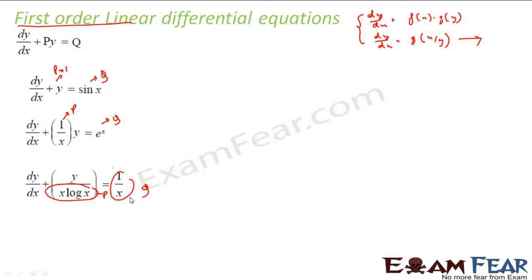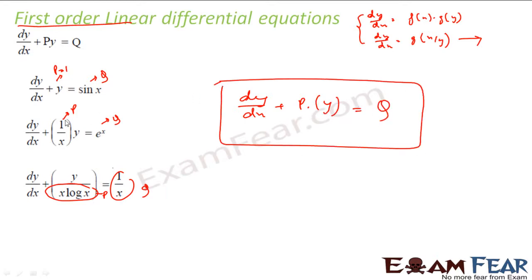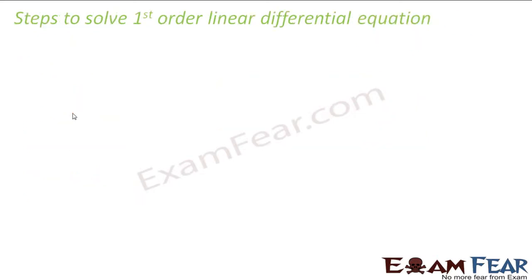So these are the various examples of first order linear differential equation. Please note once again, dy by dx plus P into y is equal to Q. If you have an equation in this form, this is a first order linear differential equation. We'll learn how to solve this kind of equation.